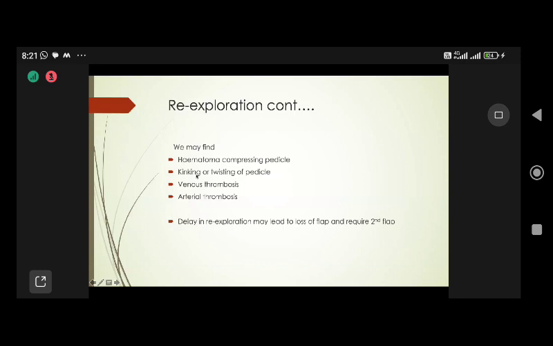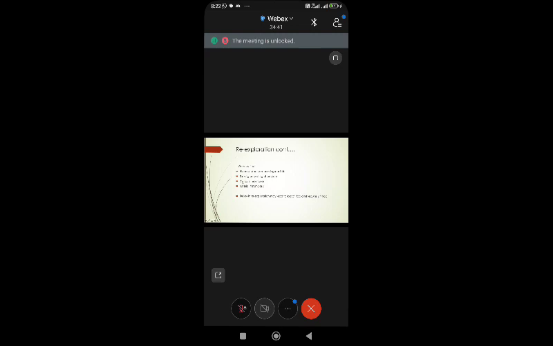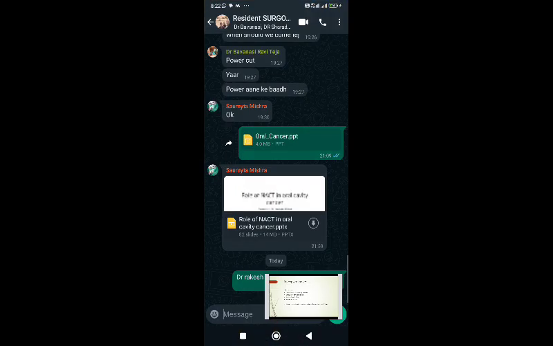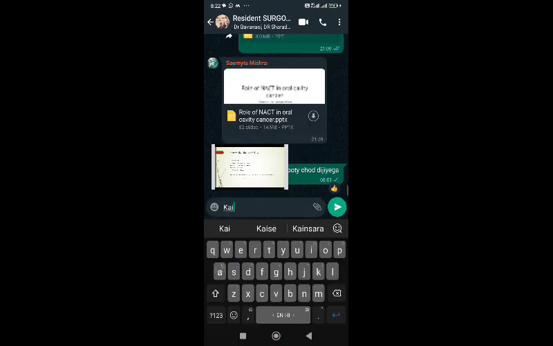If we find kinking, we fix and realign the pedicle. If twisting of the pedicle is there, we open the anastomosis and then re-anastomose after untwisting the pedicle. If we find venous or arterial thrombosis, we open the anastomosis, remove the thrombus, and re-anastomose. Delay in re-exploration may lead to loss of the flap and require a second flap.